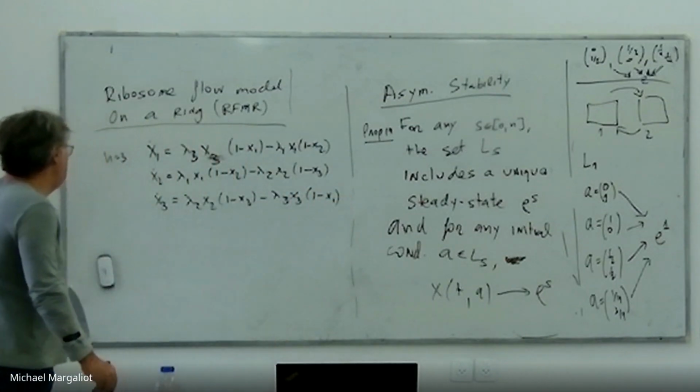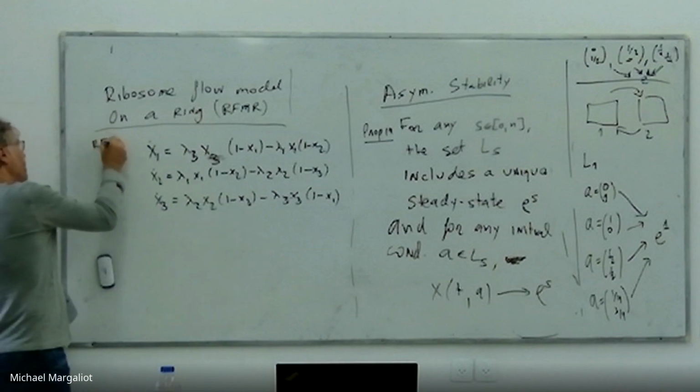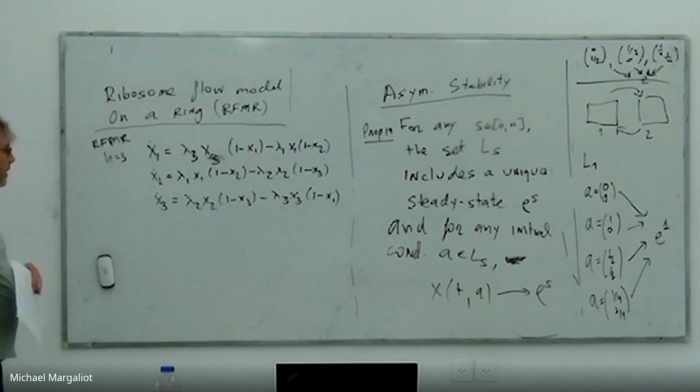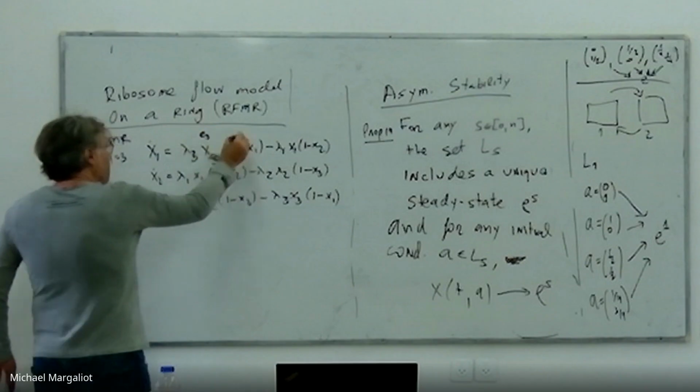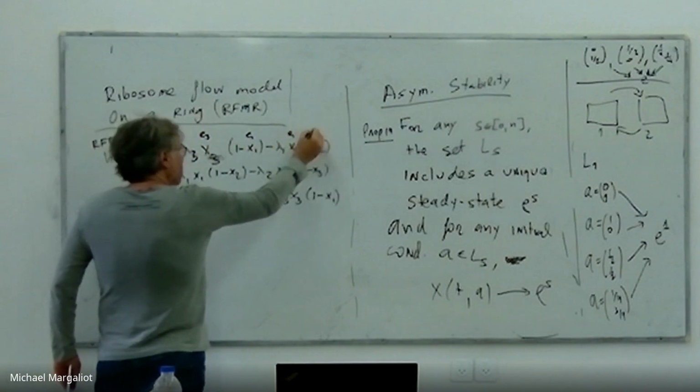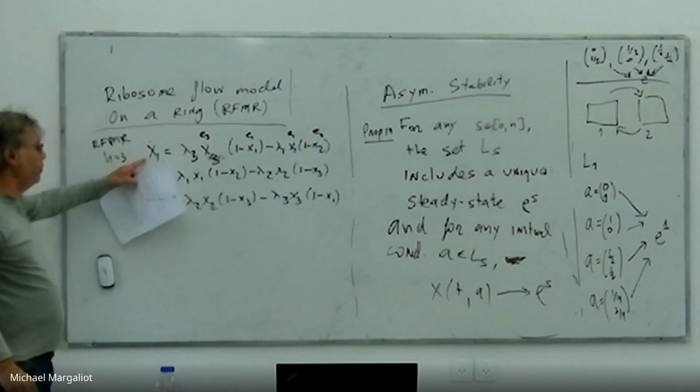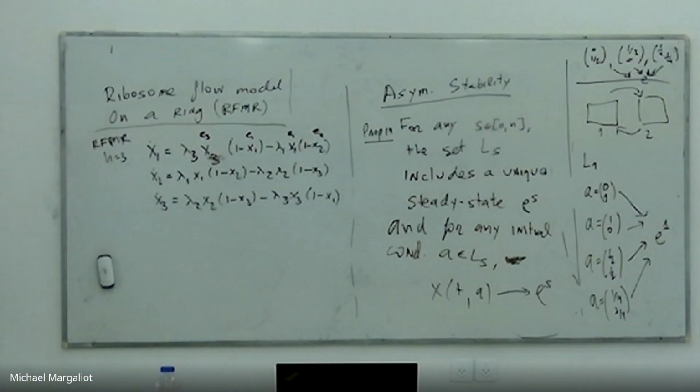So I took an RFMR, Ribosome Flow Model on a Ring, with three equations, with 3 sides. And now at the equilibrium, what happens? I put here E3, I put here E1, I put here E2, and I get 0 in the derivatives.